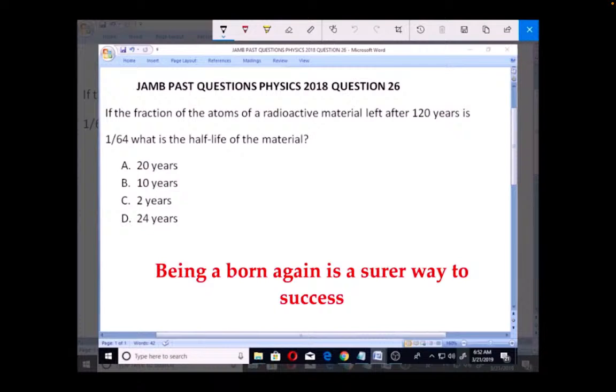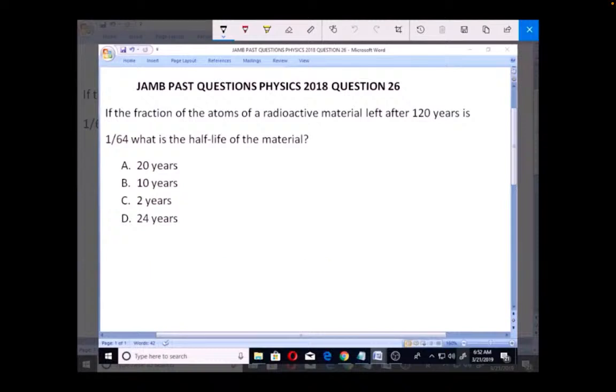Now, for us to be able to appreciate this question effectively, we need to first of all know what half-life is. And what is half-life? Half-life is the time required for a quantity to reduce to half of its initial value, whenever there is radioactivity or in nuclear physics.